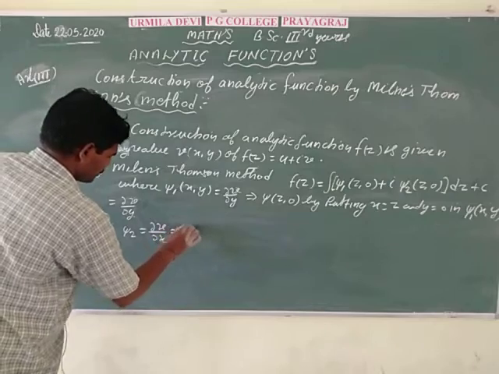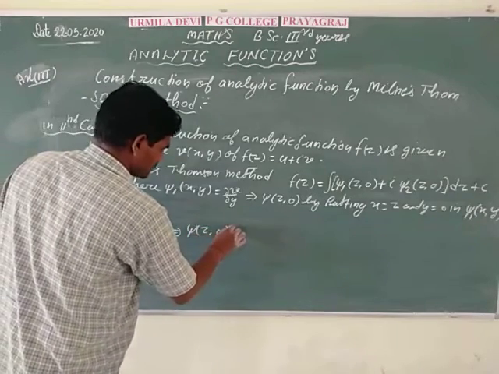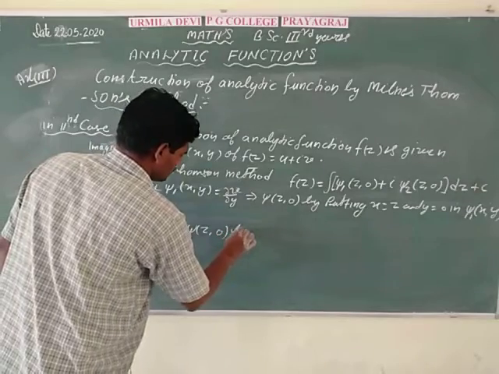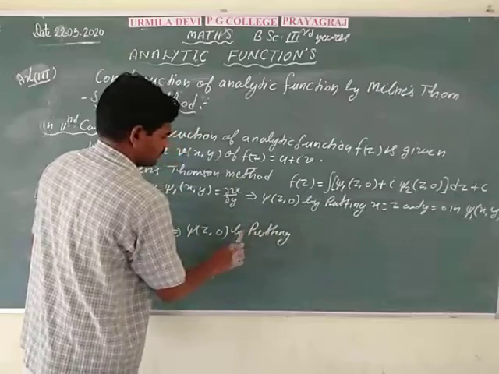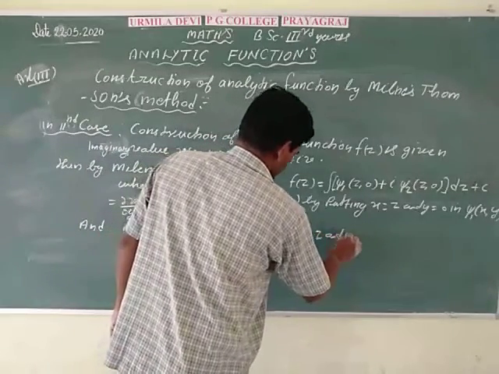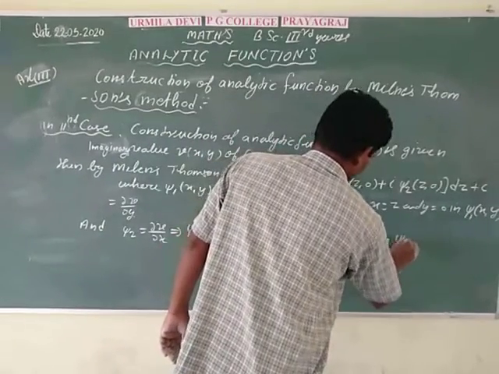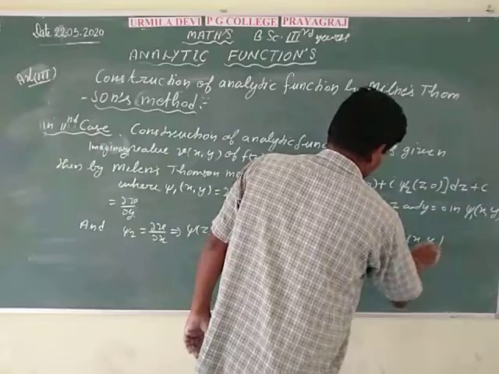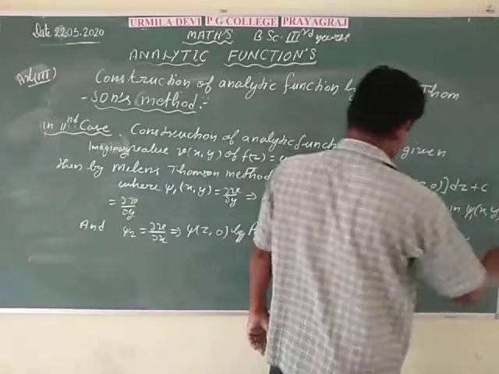It implies psi 2(z, 0) by putting x equal to z and y equal to 0 in psi 2(x,y) equal to del v by del x.